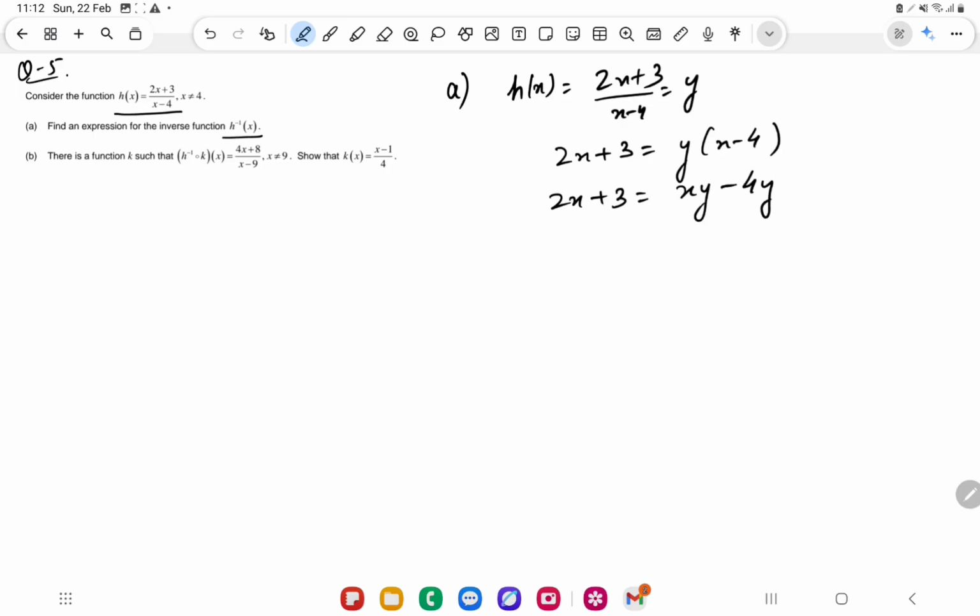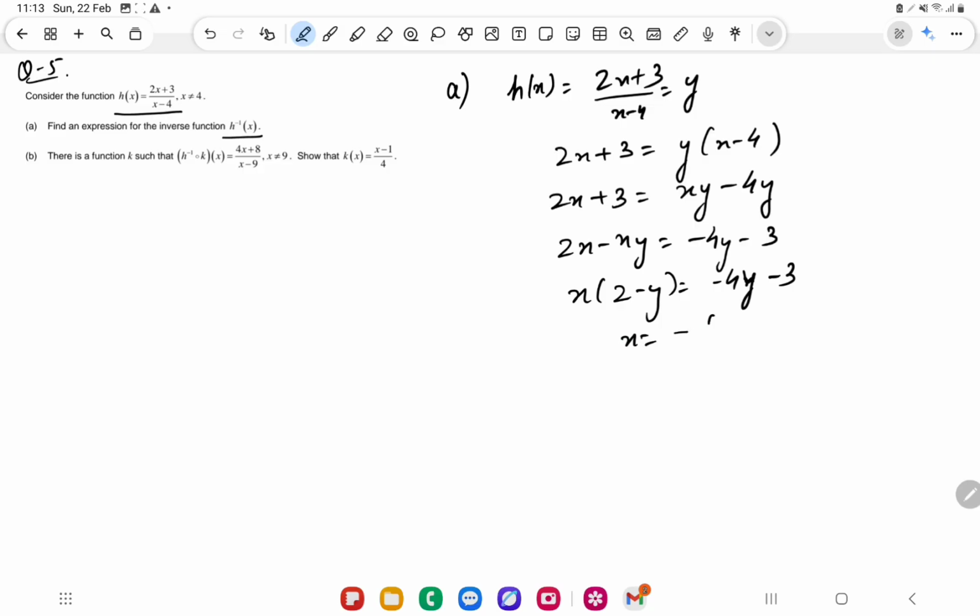Now I will be making a shift, and I will be keeping the like terms on one side. So I can write it as minus 4y minus 3. I can take x common. So this becomes x times (2 minus y).